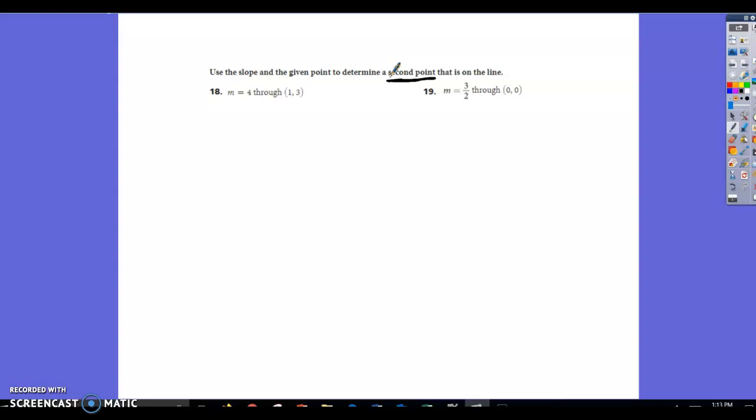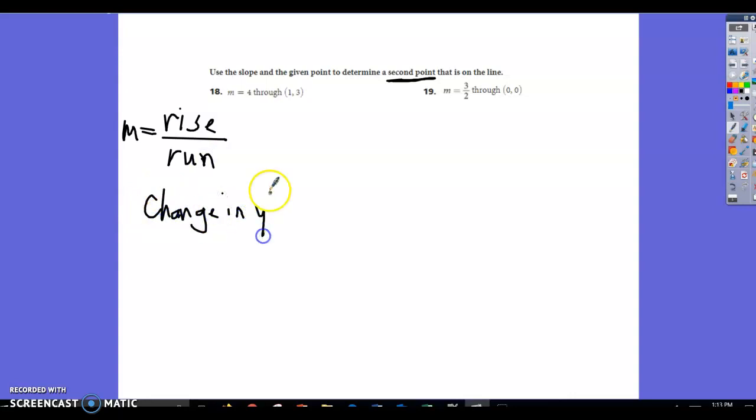All right, so slope equals rise over run, or change in y's over, sorry, this is hard to read, not used to writing on my computer, change in x's.